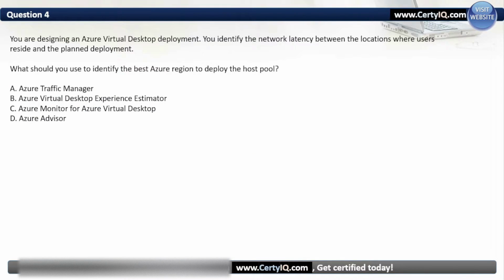Question 4. You are designing an Azure Virtual Desktop deployment. You identify the network latency between the locations where users reside and the planned deployment. What should you use to identify the best Azure region to deploy the host pool?